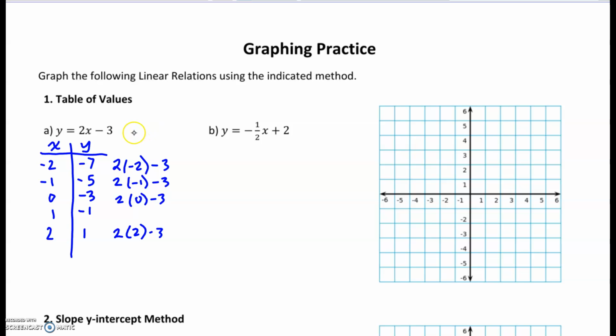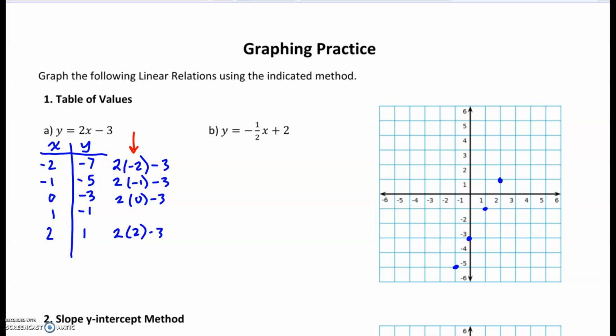Now you don't have to show these calculations. You can if you want. It's up to you. Okay, once you have your points, you're going to plot them. So it's -2, -7, and I can't fit that on the Cartesian plane, so we'll go to my next point. -1, -5 is here. 0, -3, 1, -1, and 2, 1.